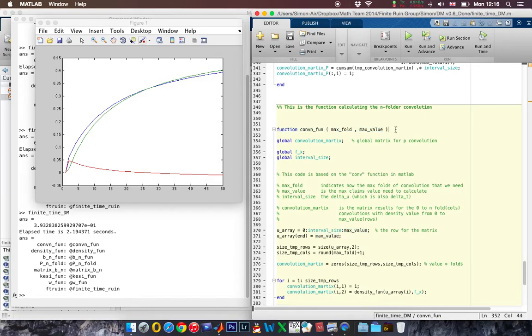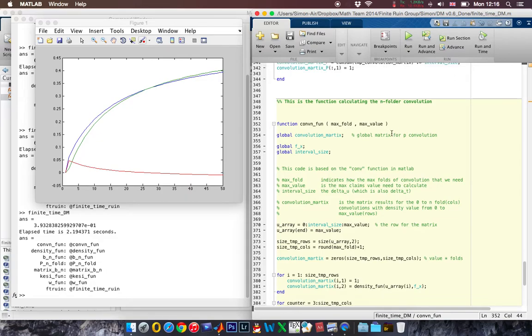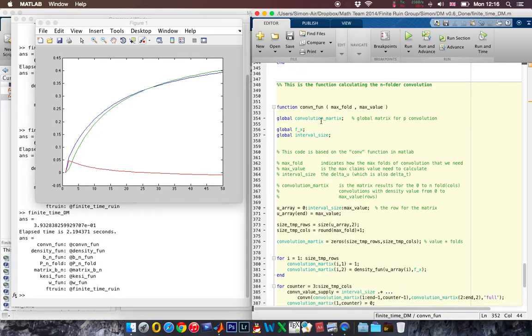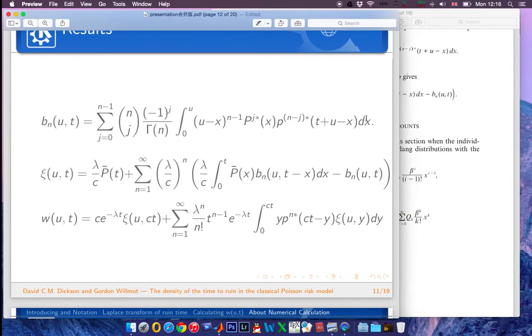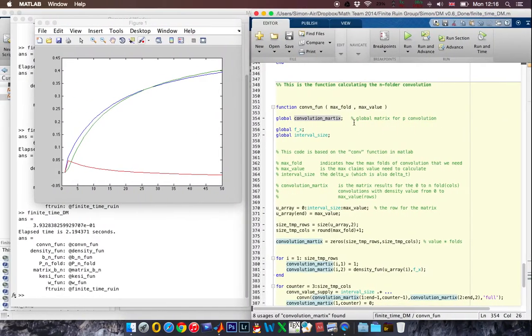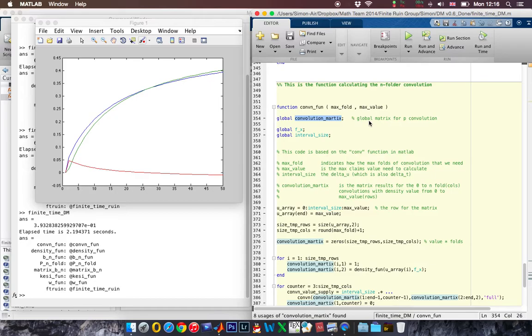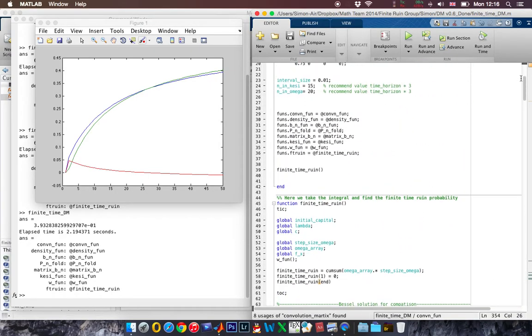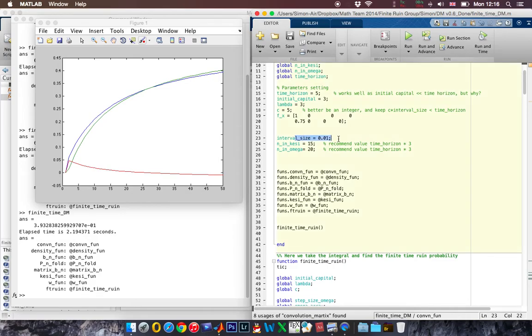After this function is executed, what we generate is a matrix called the convolution matrix, with several rows and columns definitely. All of the rows indicate the values that go after p, starting from 0 to the max value here, with the step size of our interval size, which we defined in the very beginning of the program.